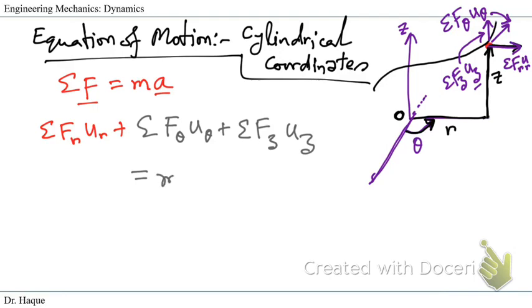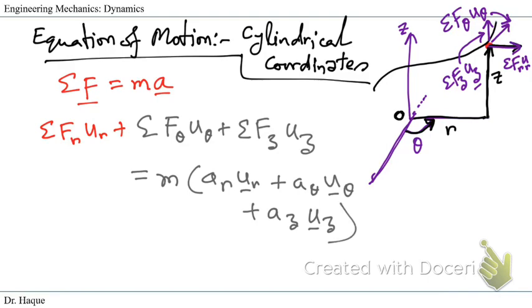And we will also have the same components for acceleration: ar in the ur direction plus a theta in the u theta direction plus az in the uz direction. This is the magnitude of the acceleration and this is the direction of the acceleration.